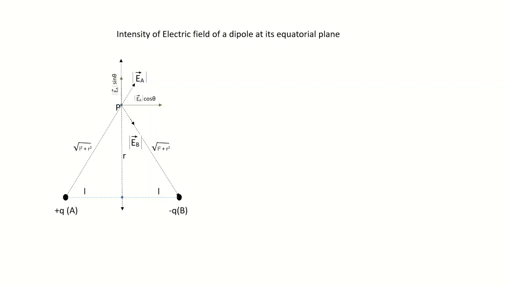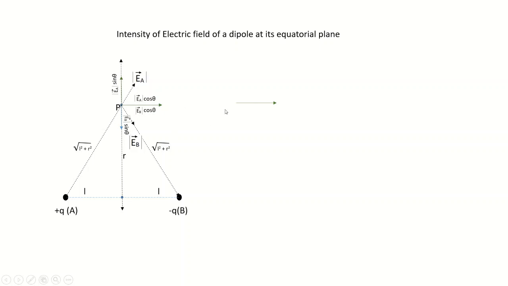For EA, we break it into two components, that is a horizontal component EA cos theta and a sine component or the perpendicular component EA sine theta. Similarly, we do this for EB, that is EB cos theta and EB sine theta.